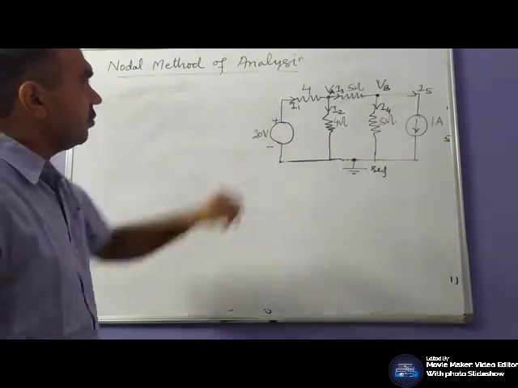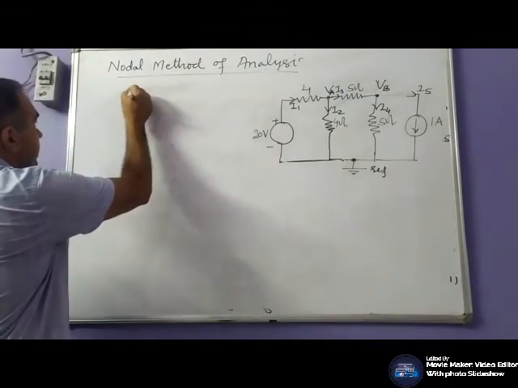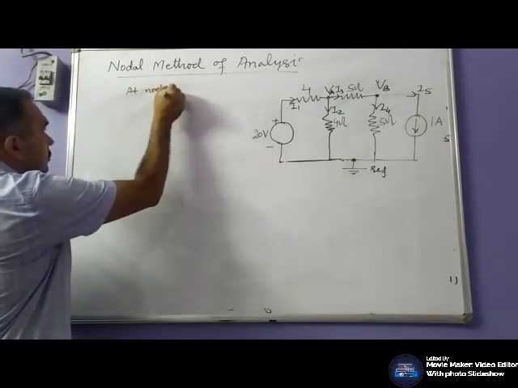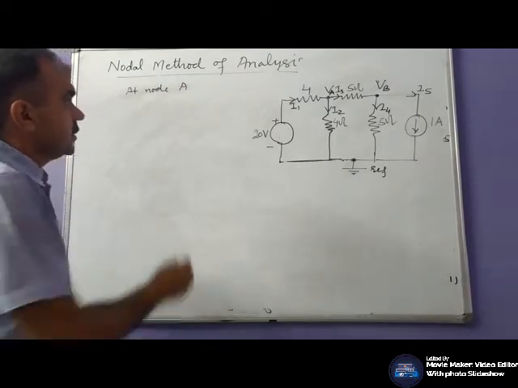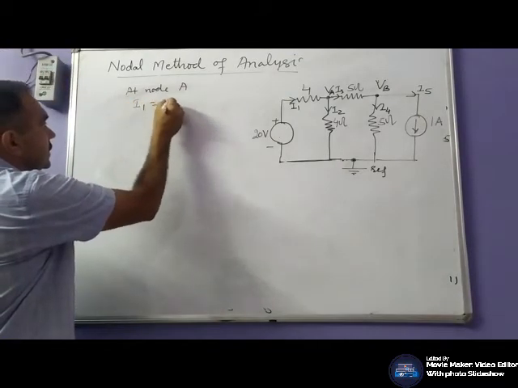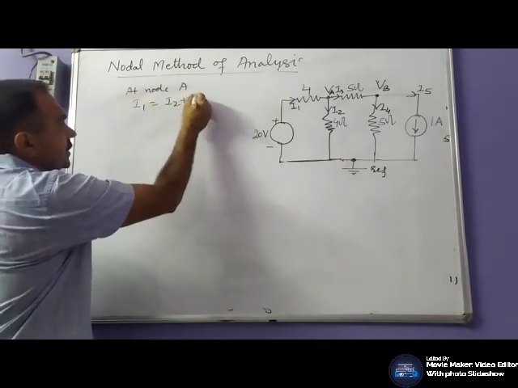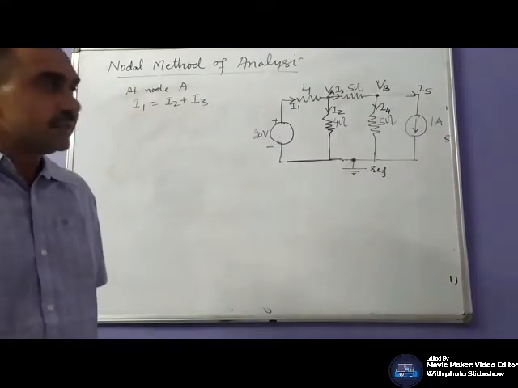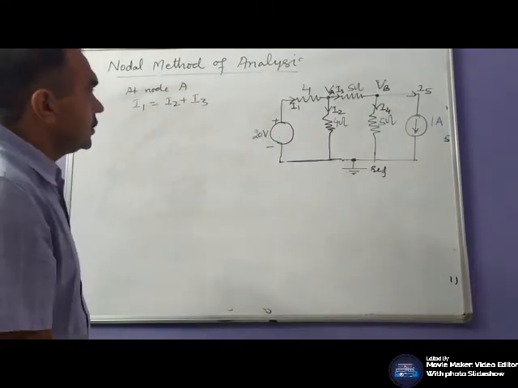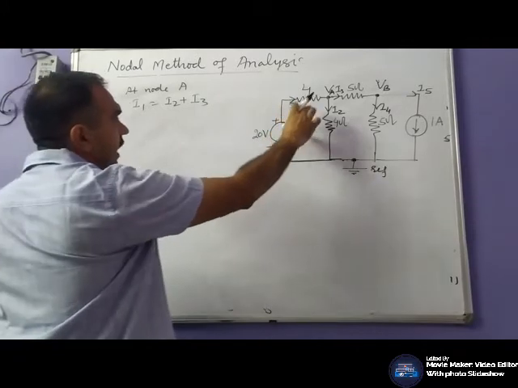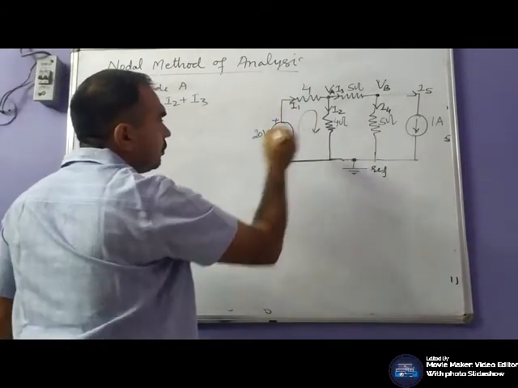Now at node A, your I1 is I2 plus I3, and for I1 you can apply KVL in this loop.